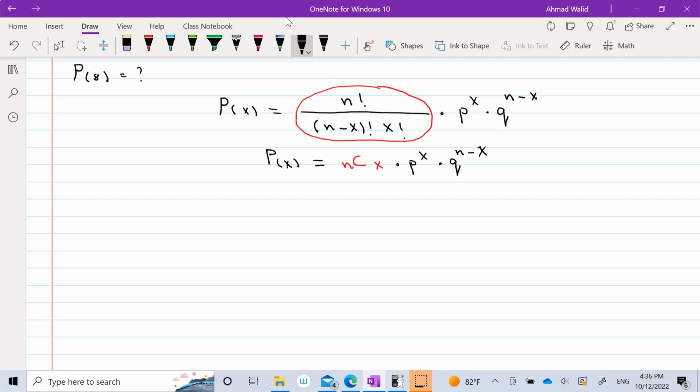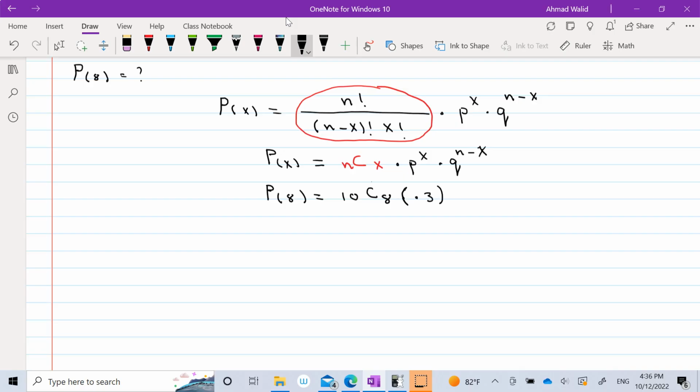Now, in our problem, P of 8 equals n. N was 10. C, x was 8, times, you can use parentheses, the probability of success was 30%.